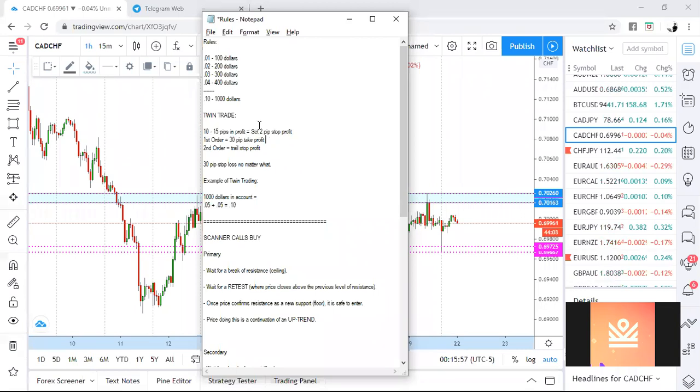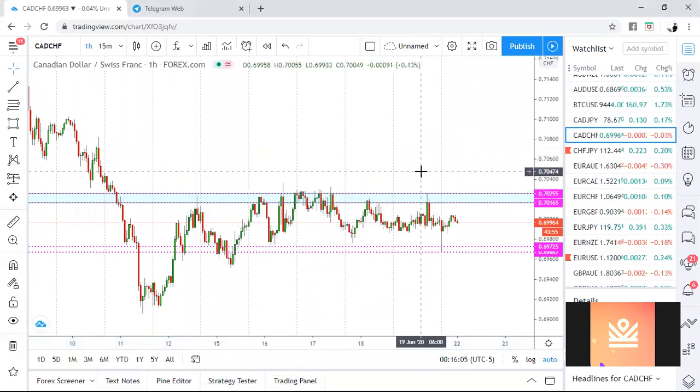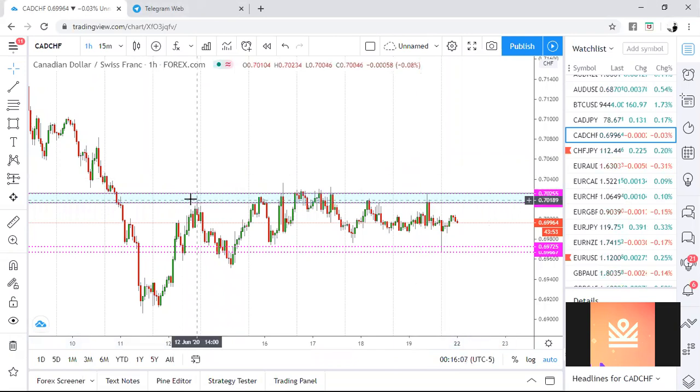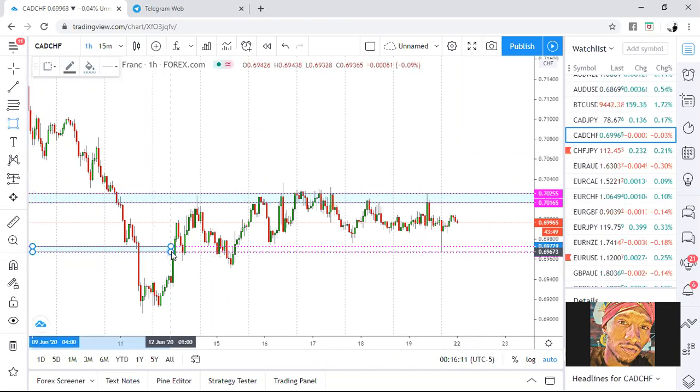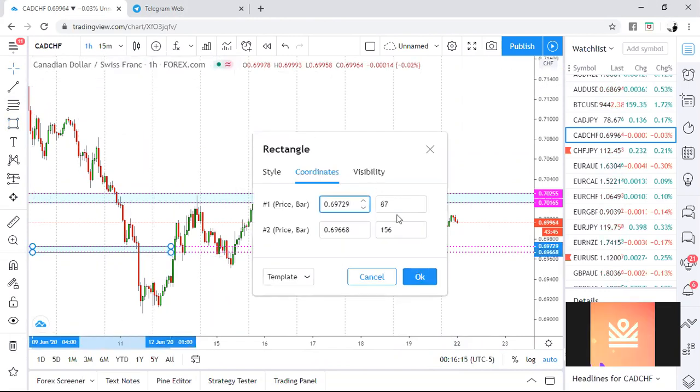As soon as your 2 pip stop profit gets hit and you get taken out of the trade, then I would completely delete everything, stand back and either completely stay away from that pair or just continue to readjust, delete everything and then go with the most recent levels. That's what I would do.